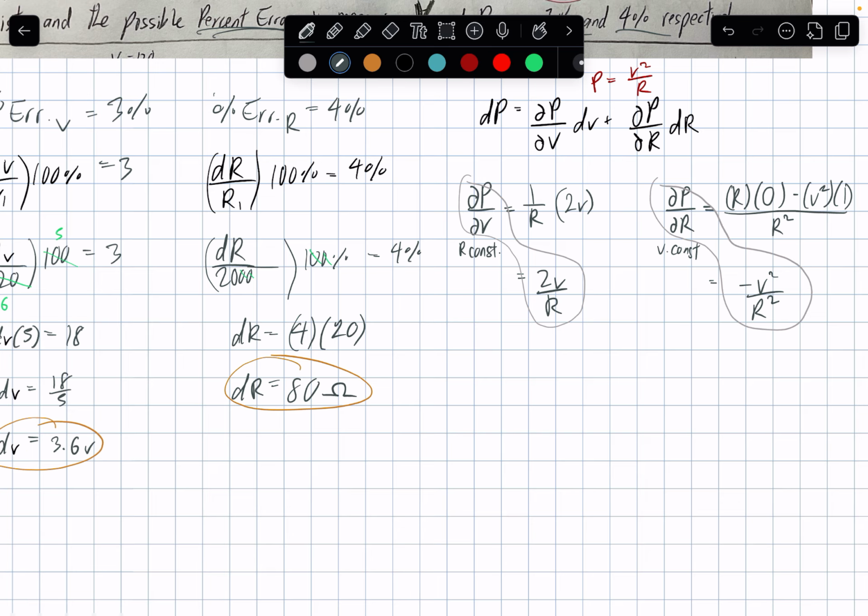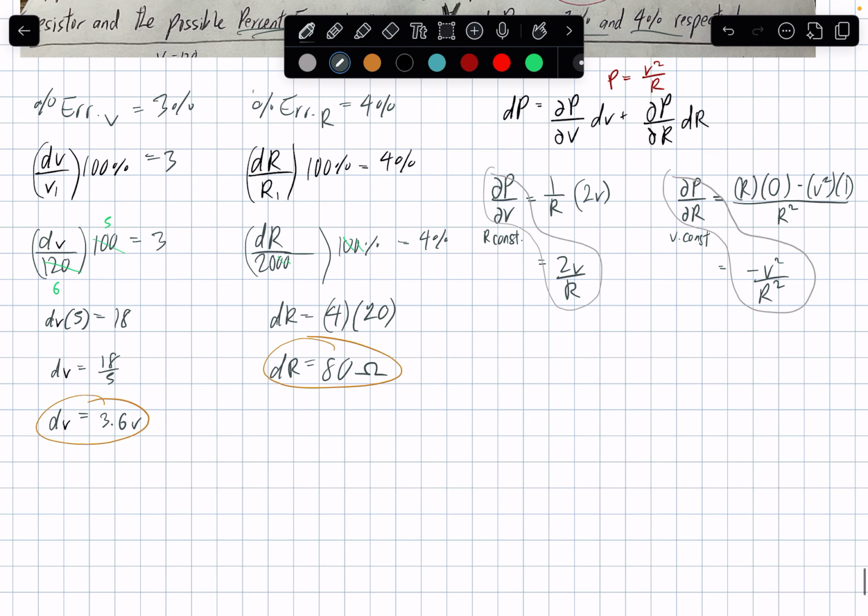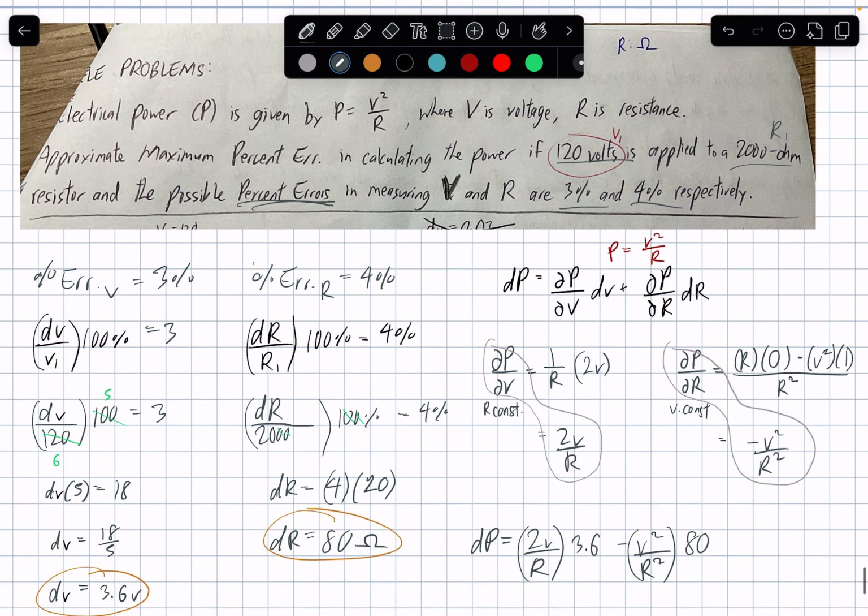So I believe we can start substituting the values already. dP is equal to partial P over partial V, that is 2V over R, times dV, which is 3.6 volts, right? And then plus, or let's say minus, V squared over R squared times 80 ohms. Then we'll substitute the values.